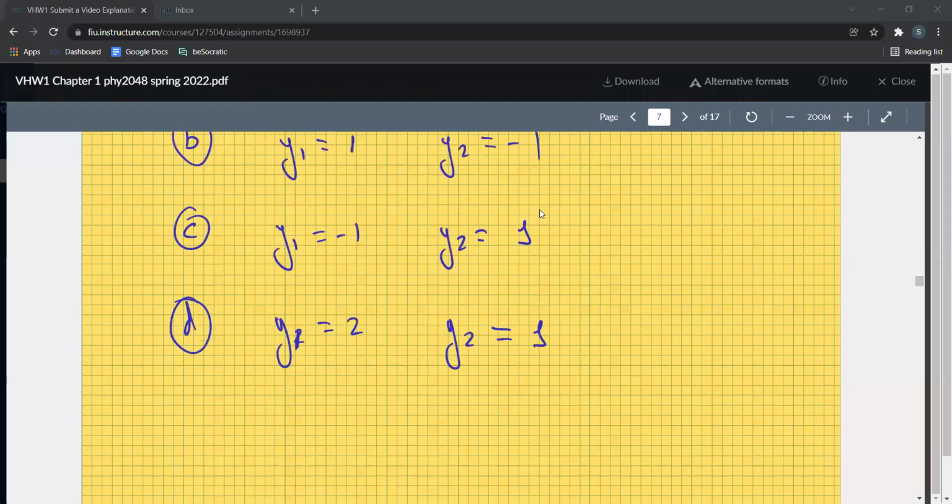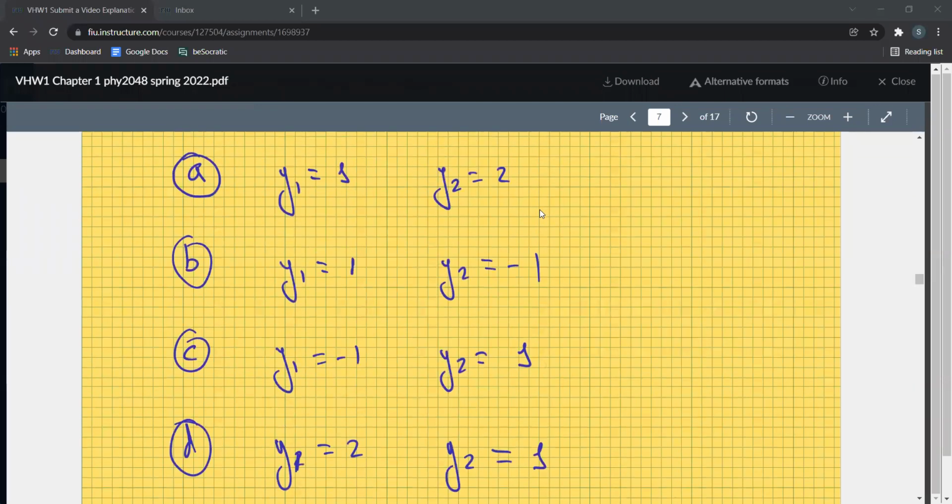Moving forward, we have the vice versa. So I'm going to actually keep this up. In this problem, number C, we have the opposite occurring. It's the same thing, but the y initial and y final are switched. We're actually going up the number line.